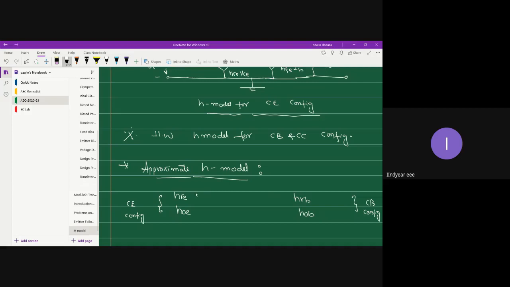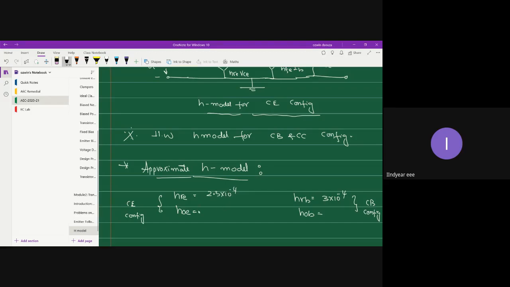Based on practical experimentation, the typical value of HRE is close to 2.5 into 10 to the power minus 4. On the other hand, HRB is about 3 into 10 to the power minus 4. These are the physical values obtained after conducting experiments.